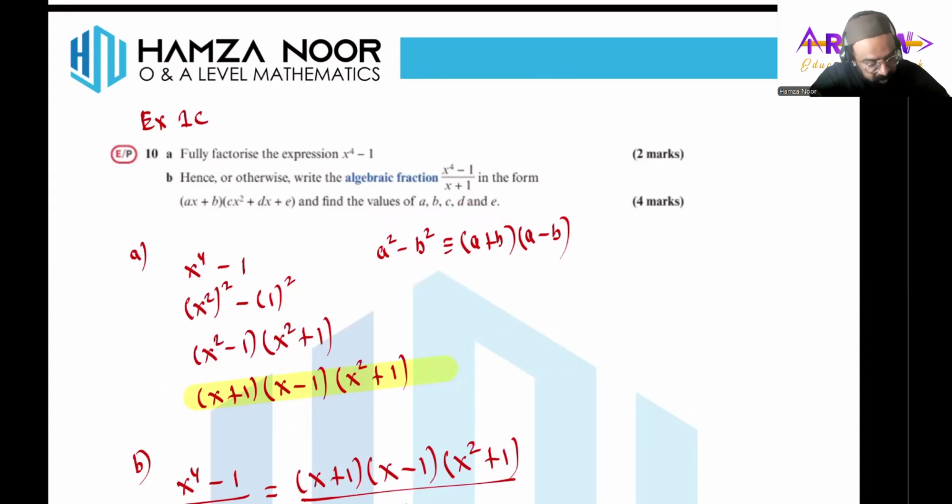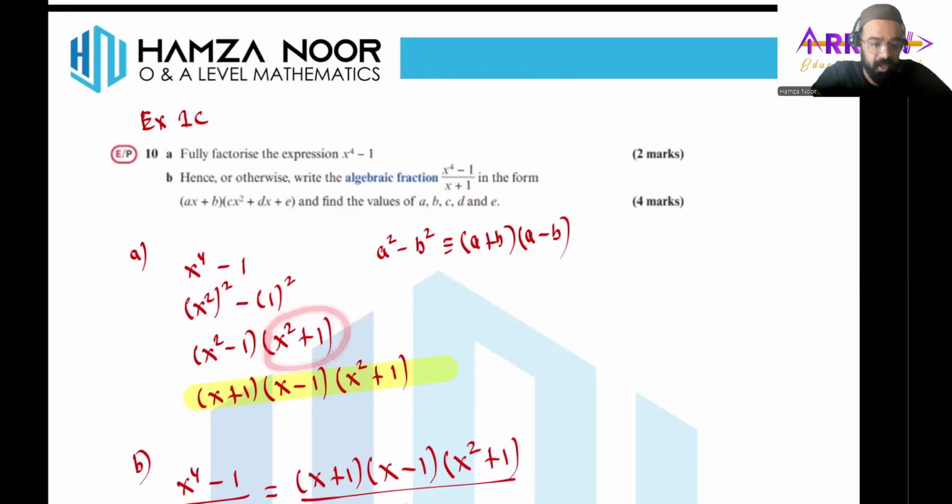So in place of x square whole squared minus 1 squared, we can write x square minus 1 multiplied by x square plus 1. Further, we can factorize x square minus 1 as well, because again we have identified that this is the difference of squares.